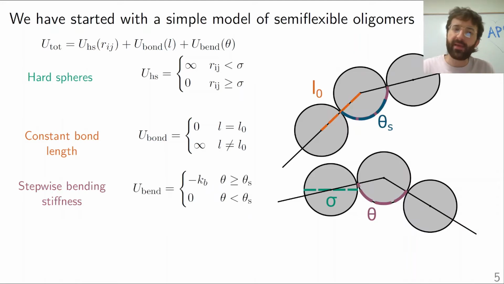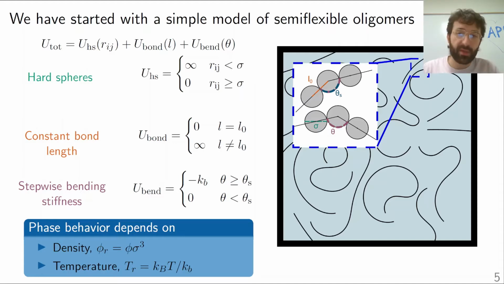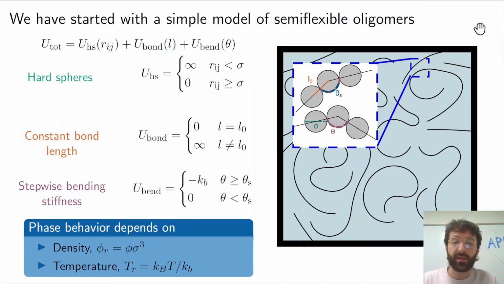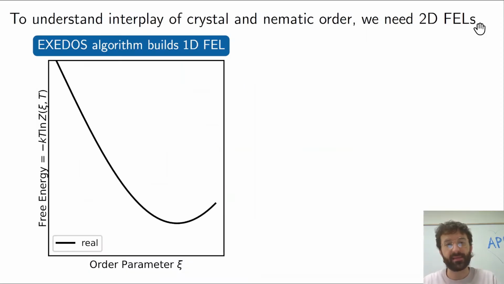And finally, and most importantly, we incorporated a stepwise bending stiffness through penalizing flexible angles, i.e. we are incentivizing the polymer chain to be aligned and parallel so we can see nematic order come about. And we put these polymers in a big box and we move them while respecting their thermodynamics, and we expect the phase behavior to depend on density and temperature.